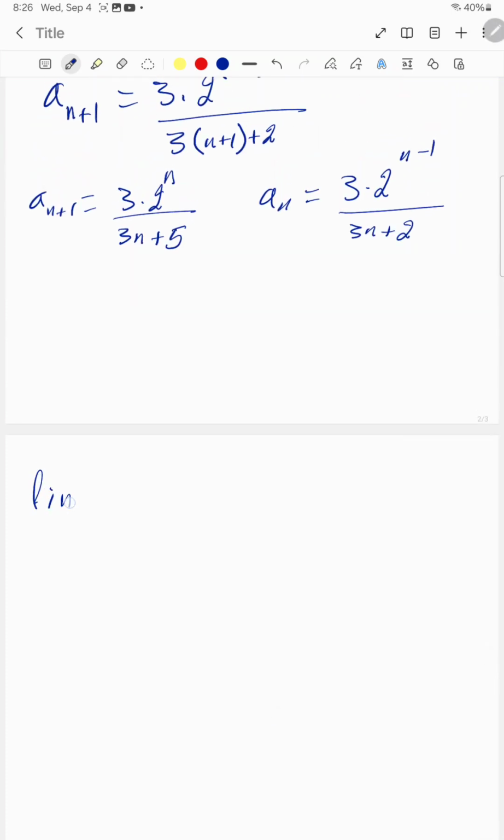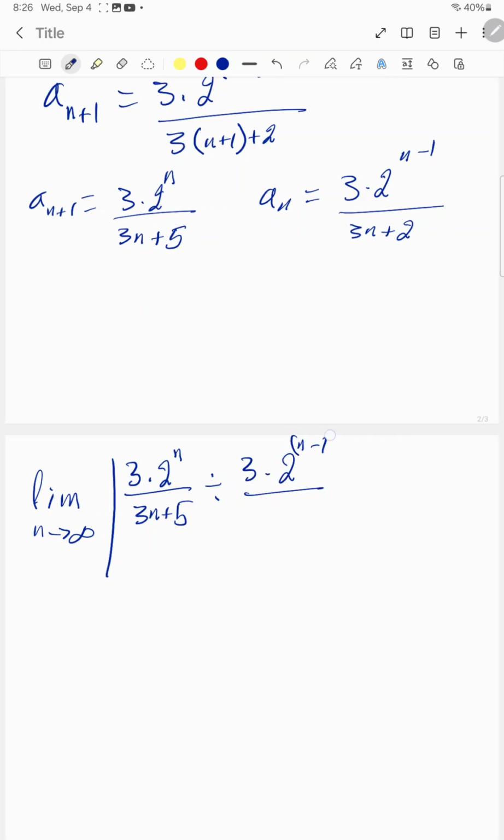So the limit when n goes to infinity of an plus 1 over an, I can write it as 3 times 2 to the power of n divided by 3n plus 5, divided by 3 times 2 to the power n minus 1 over 3n plus 2, absolute value. And I can replace the division by multiplication, but I have to reverse the second term.